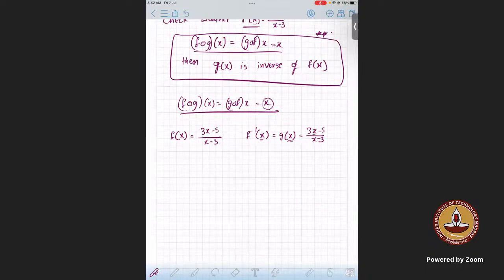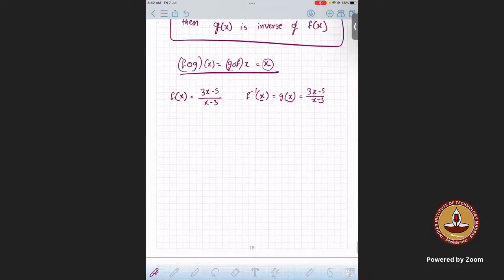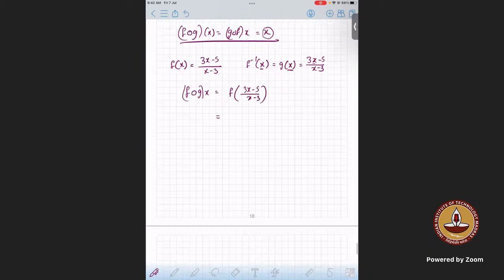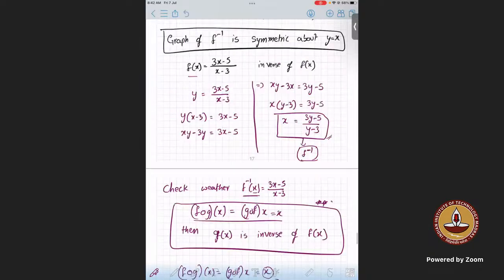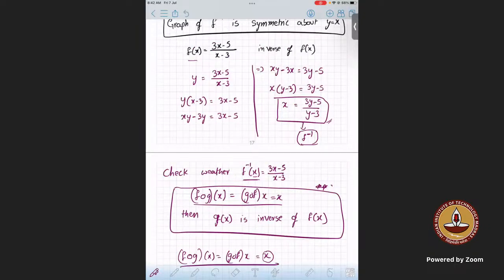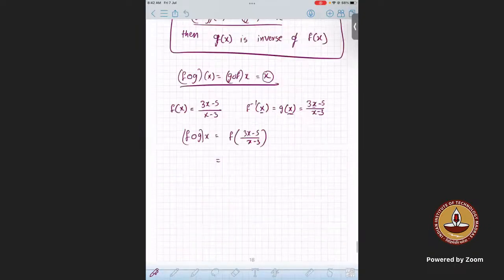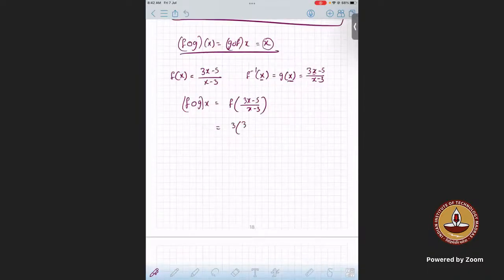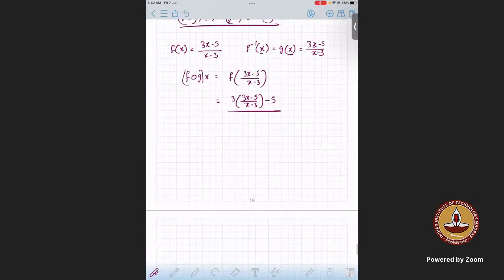So f of g of x is equal to f of 3x minus 5 by x minus 3, that equals 3 into 3x minus 5 by x minus 3, minus 5, divided by 3x minus 5 by x minus 3, minus 3.